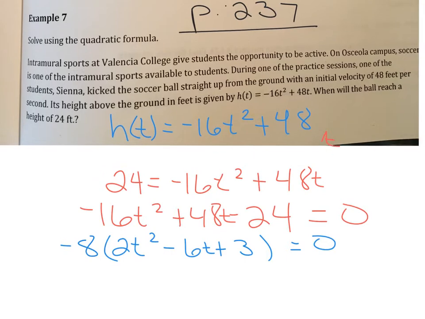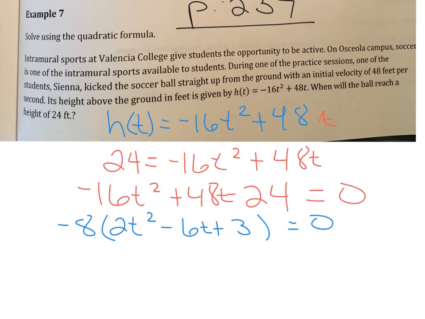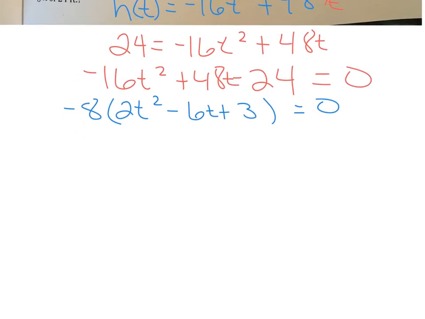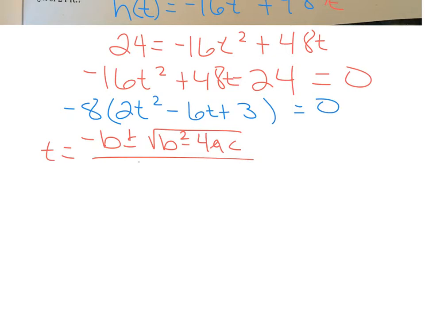Now we're going to write the quadratic formula and assign a, b, and c. So we'll be solving for t. Negative b plus or minus the square root of b squared minus 4ac, that's an a, over 2a. And a is 2, b is negative 6, c is 3.